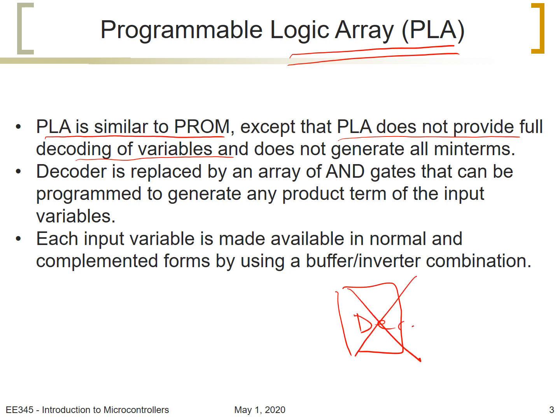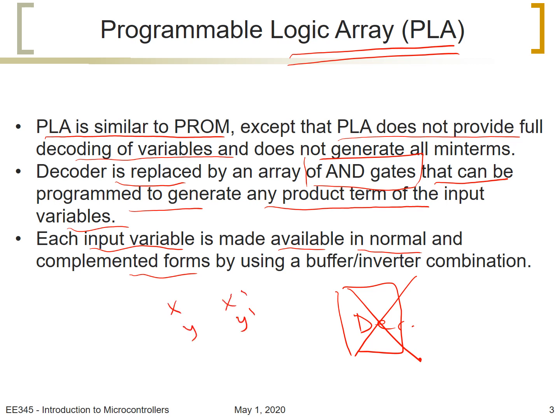We program the AND gates, and the decoder is replaced by an array of AND gates, and these can be programmed to generate any product term that we need. Each input variable is made available in normal and complemented form. So if we have variable x, we have x and x prime, y and y prime, etc., by using a buffer inverter combination, as we will see next.